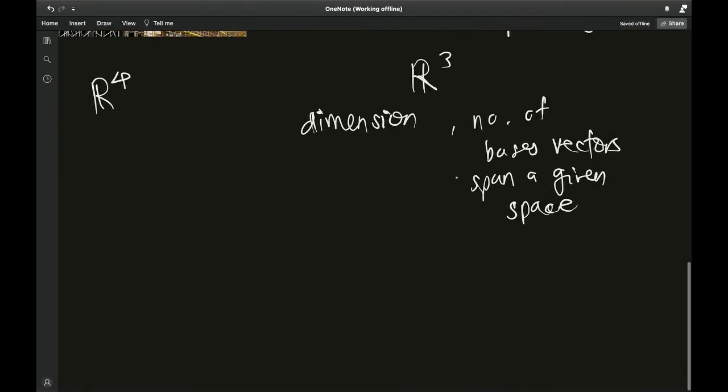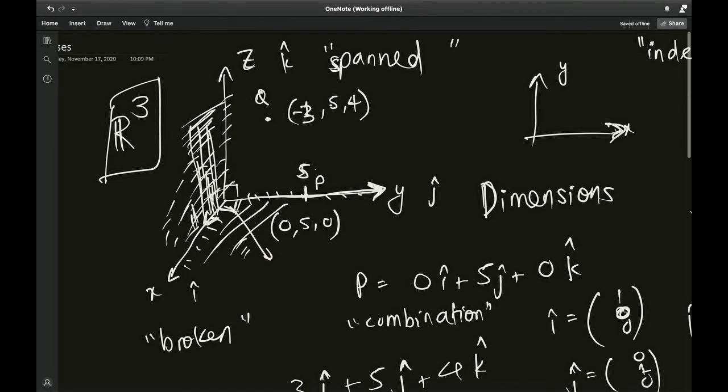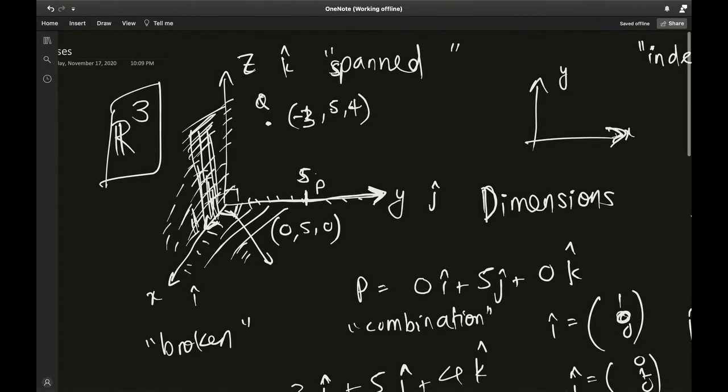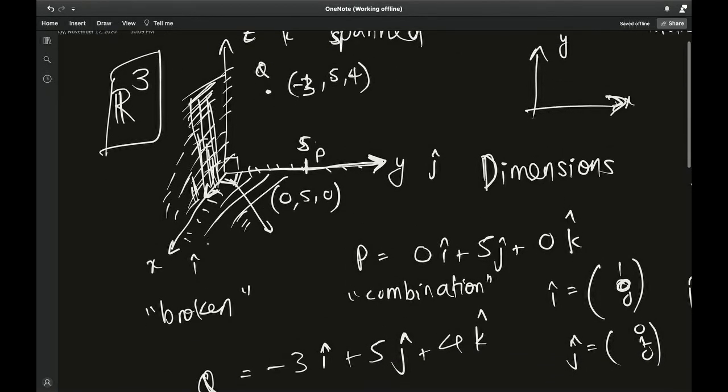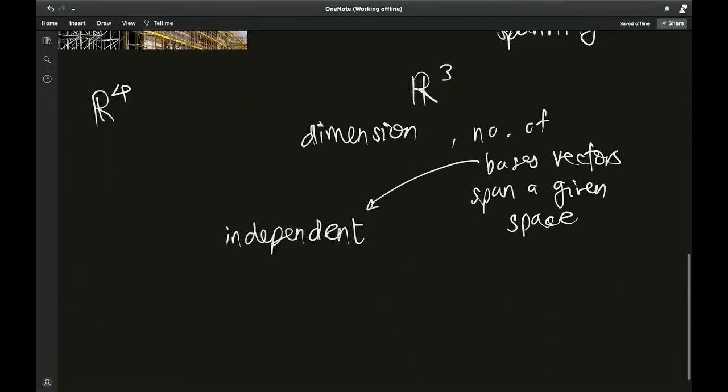But if they are going to be basis vectors, they have to be independent. You can't have a redundancy of information. Like here, with the J squiggle case, we had a redundancy because it was in the same direction as I cap. So that won't span. If you have 4 vectors and they're not independent, if there's some redundancy, then they won't span R4.